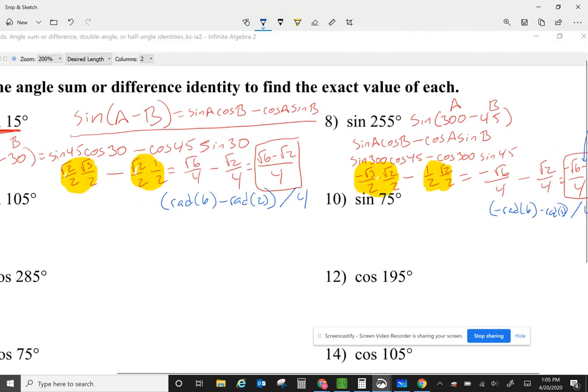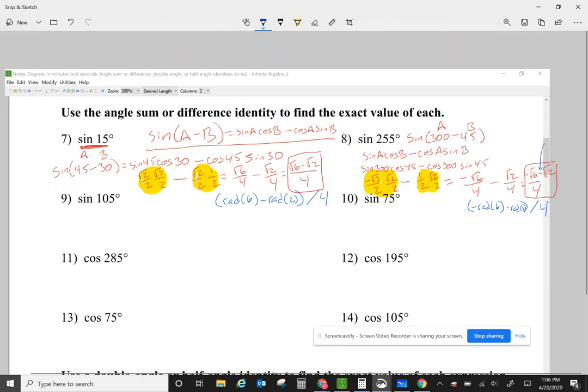If you want to continue using the difference of sine for questions 9 and 10, think of two numbers that when you subtract, you get 105. There are numbers that if you subtract, you get 105. But for today's purpose, because I want to practice the addition, I'm going to practice here.